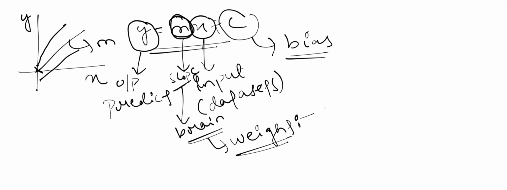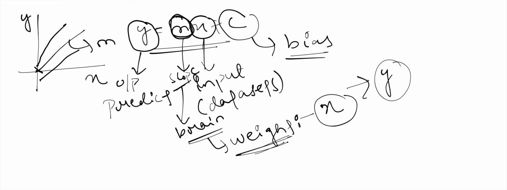The weight's work is to manipulate the input data. Here we are considering X as the input data, so we are giving the input data the name X. The weight's job is to manipulate X in such a way that we get our expected output Y, what we expect our model to do based on the specific input data we have given. So this M is what handles the job.